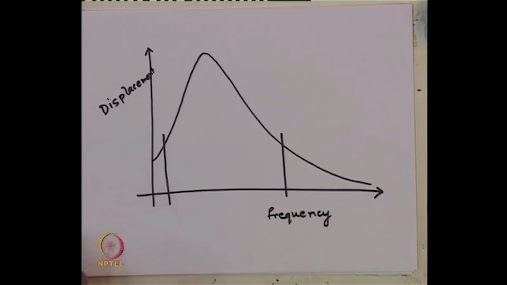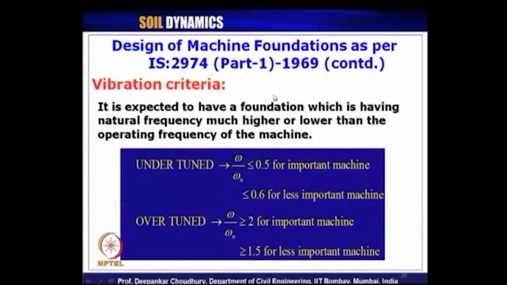What are the proposed values, the typical ranges? Undertuned means, where omega is the operating frequency and omega n is the natural frequency of the system, the ratio of operating frequency to natural frequency is less than or equal to 0.5. That has to be used for important machines, and for less important machines we can go up to 0.6.